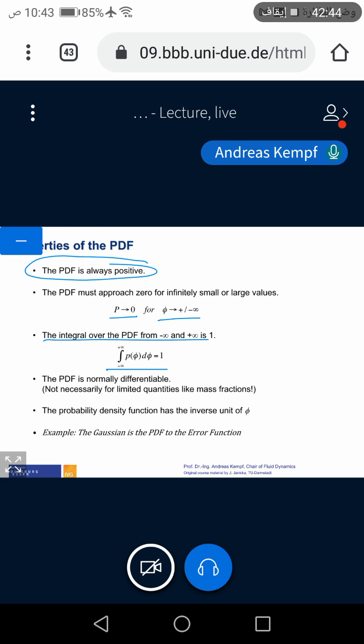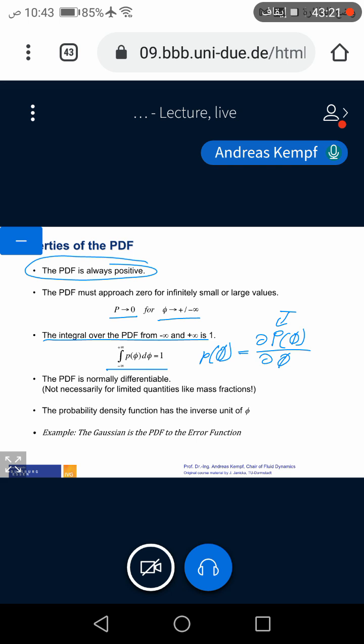This results from the fact that the PDF, lowercase p of phi, is the first derivative of uppercase P of phi, where this P moves from 0 to 1. So essentially, since this only goes from 0 to 1, its derivative integrated will be again this P, and hence the integral over the PDF must be 1.